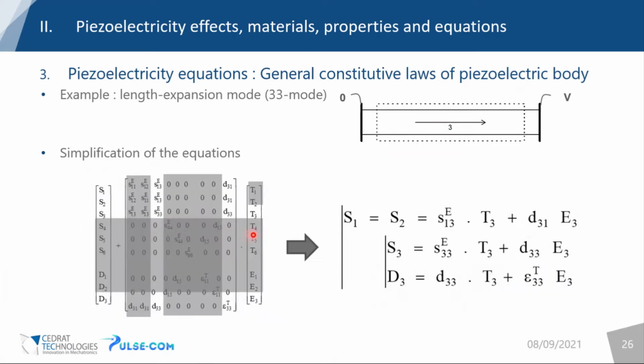And with what we have left, we can simplify the equations and have the mechanical strains in the perpendicular main directions, and the electric displacement field, depending on the other constants, which are the mechanical compliances, the piezoelectric coefficients, the mechanical stress, the electric field, and the permittivity for the electric displacement field.